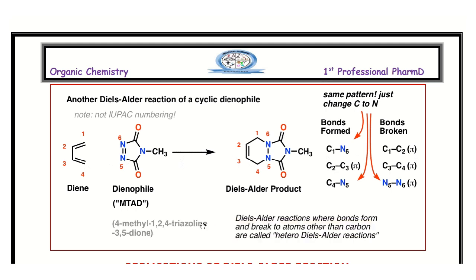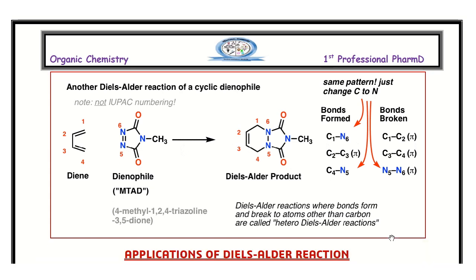A heteroatom is an atom other than carbon and hydrogen. Clear? Here it is nitrogen; it can also be sulfur or oxygen. Our nitrogen is part of the cyclic structure, so in those cases the reaction will be termed the hetero-Diels-Alder reaction.